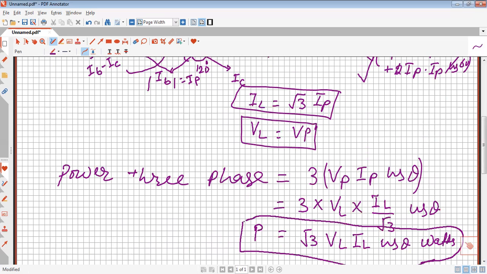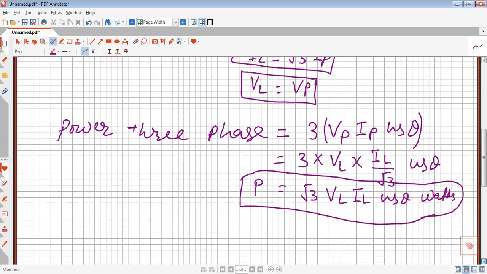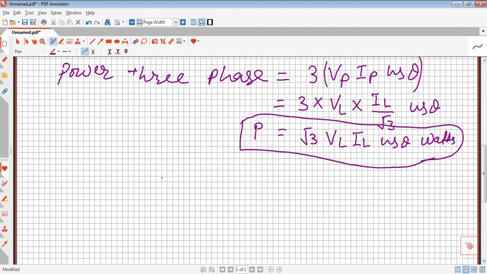This power is called real power or true power, which we measure in our laboratory using the wattmeter method. In the basic electrical lab, you have to study this also, how to find the power using the wattmeter method. The two wattmeter method is there.